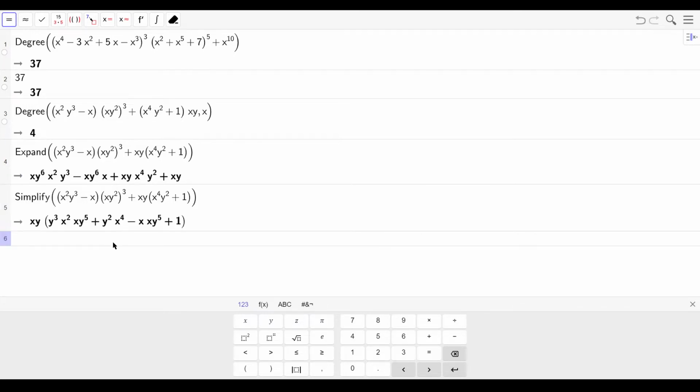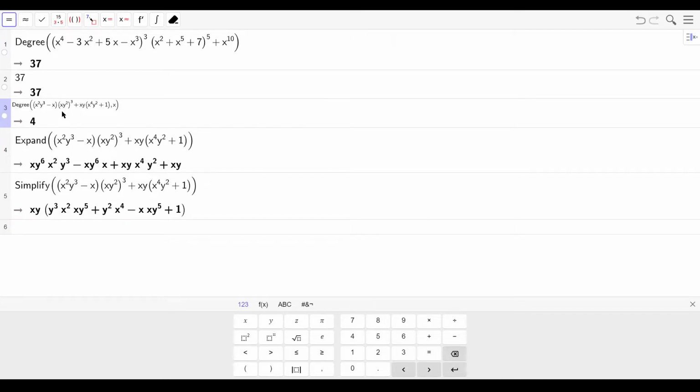It's acting weird. Yeah, I think that is something we need to know about GeoGebra. So GeoGebra is taking it like that. Okay, the answer is 4, because it is looking at the highest power. Or maybe I have to put a dot between them. So let me put a dot everywhere.